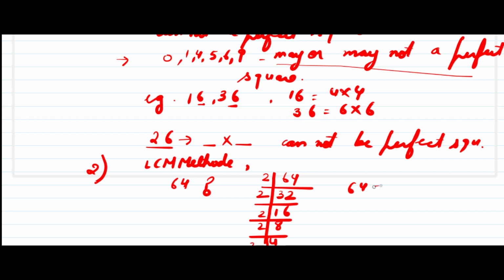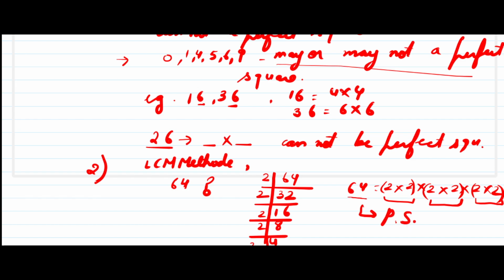So 64 can be written as 2 into 2 into 2 into 2 into 2 into 2. In the LCM method, all the terms in the prime factorization of 64 exist in pairs. Now this is a game changer, right? When you have prime factorization in pairs of same numbers, then you can say this is a perfect square.